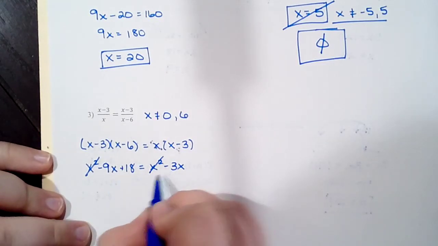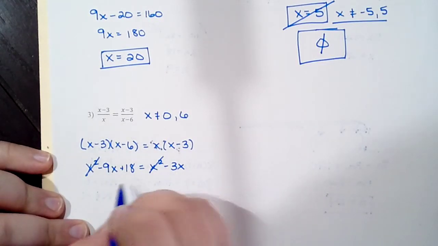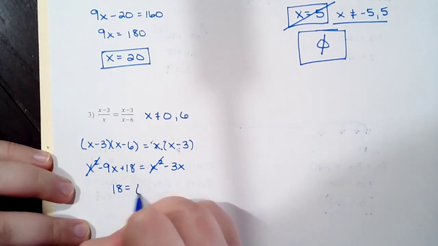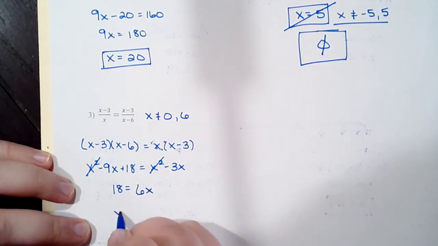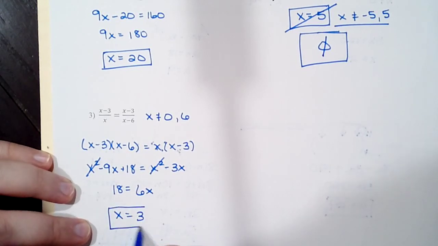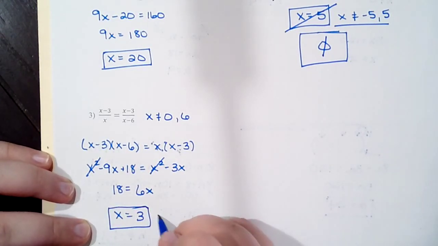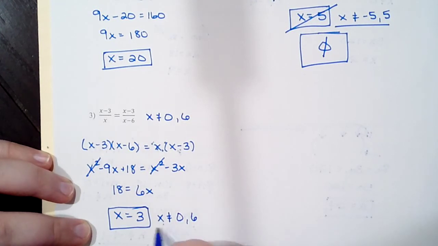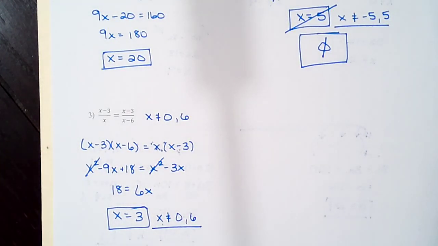And then in this case, I'm going to move the 9x over. So I'm going to have 18 equals, when I add that, I get 6x. Divide both sides by 6, I get 3. 3 does not conflict with either of the extraneous solutions or values that I found. So there is my final answer.